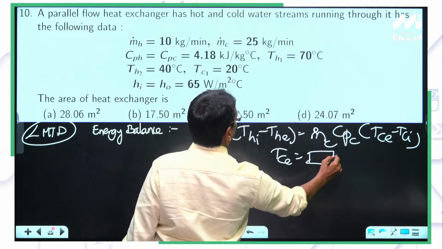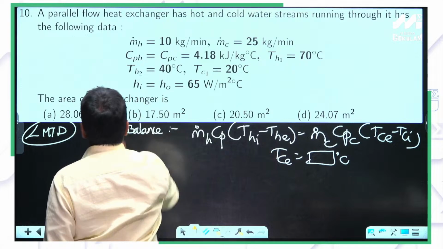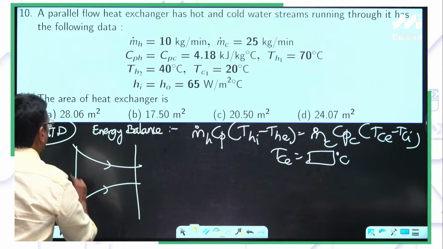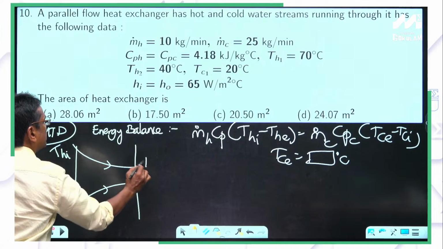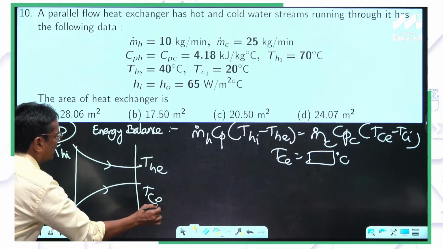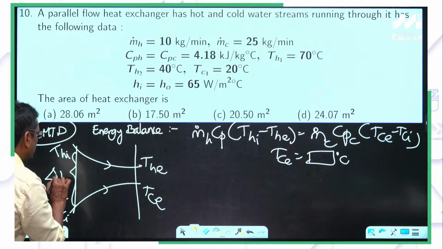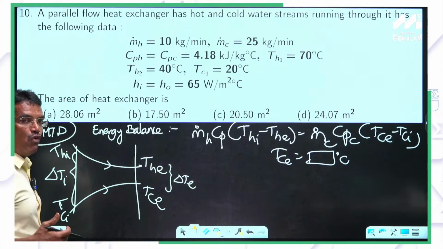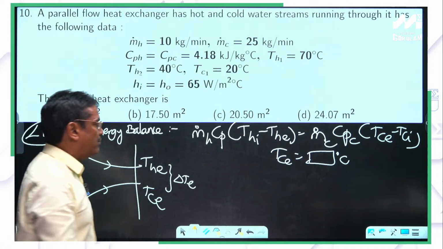Then decide which type of heat exchanger, parallel flow. Immediately we can draw the temperature profiles, and you know all the 4 temperatures: Thi, The, Tci, Tce. Now this can be obtained as delta Ti. This is delta Te.